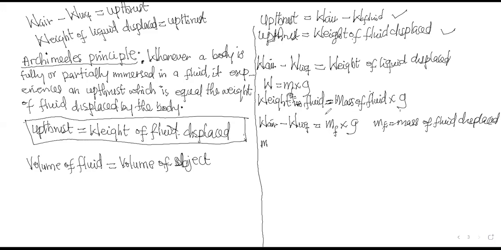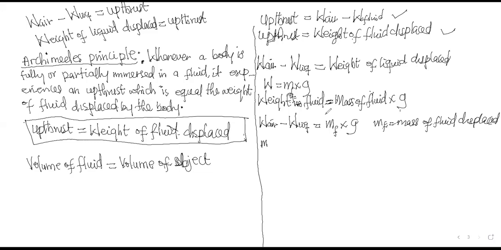Because weight is mass and gravity. The weight of something is the something's mass multiplied by gravity. So if I have the mass of a body and I multiply that by gravity, it is equal to the weight of the body.